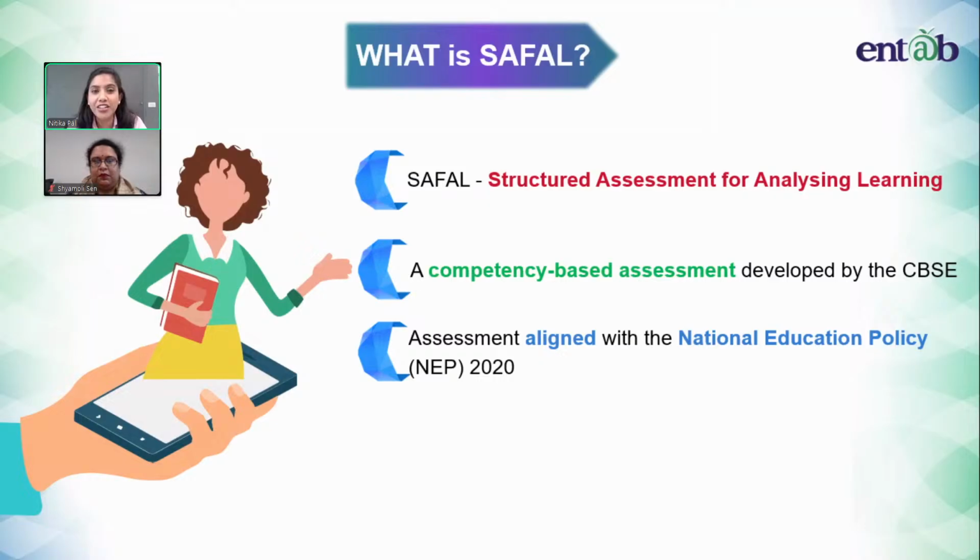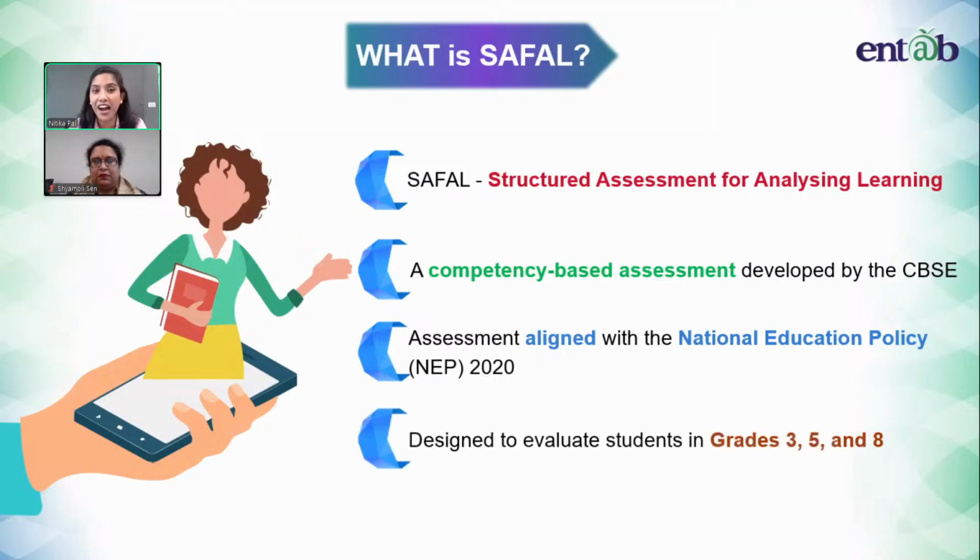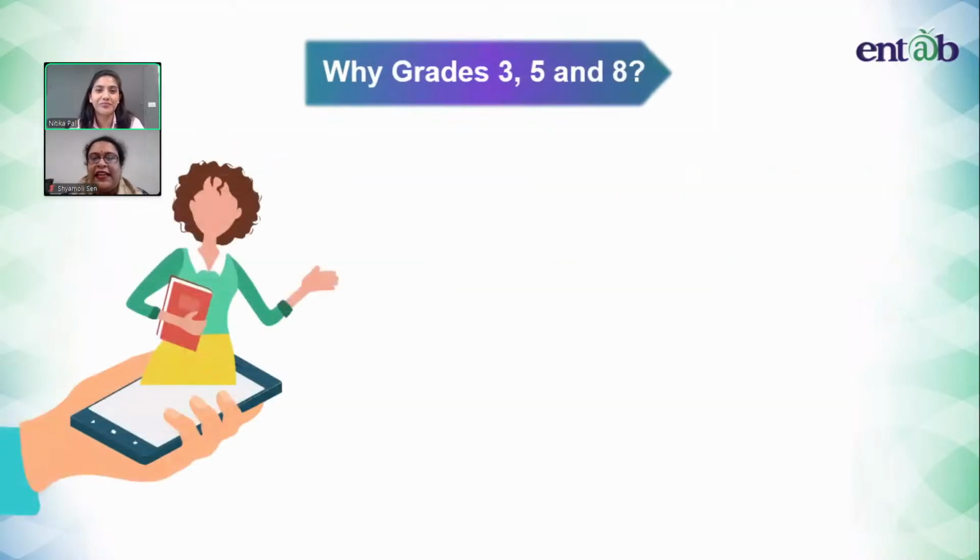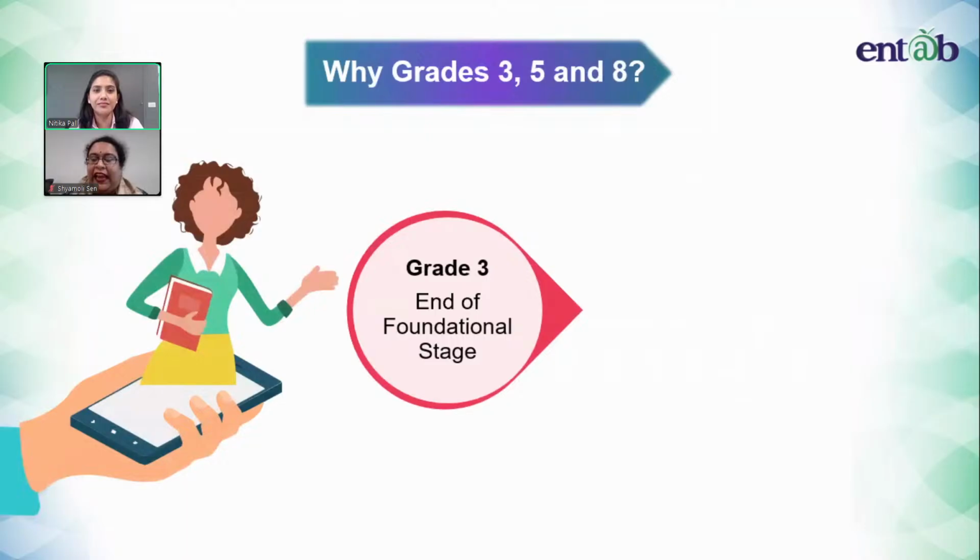SAFAL is designed to evaluate the students of grades 3, 5 and 8. Now let us understand why specifically these grades. Well, grades 3, 5 and 8 are very crucial stages in the learning journey of a student. Grade 3 marks the end of the foundational stage where a learner acquires the basic learning skills.